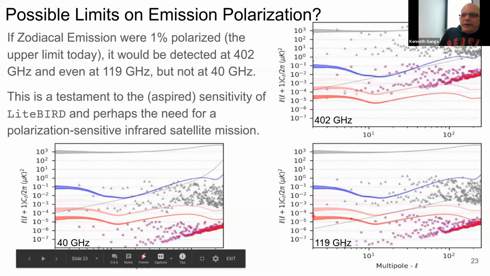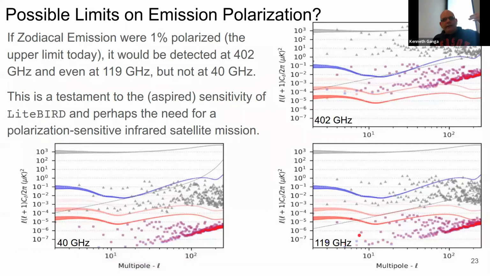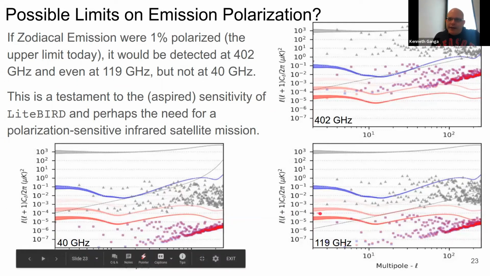What I'm saying is, if the zodiacal emission is polarized at basically just below its limit today, the power spectrum from the Zodi will be comparable to the power spectrum of the CMB anisotropies at the limit that LiteBIRD is shooting for. So this is something we have to keep our eye on.